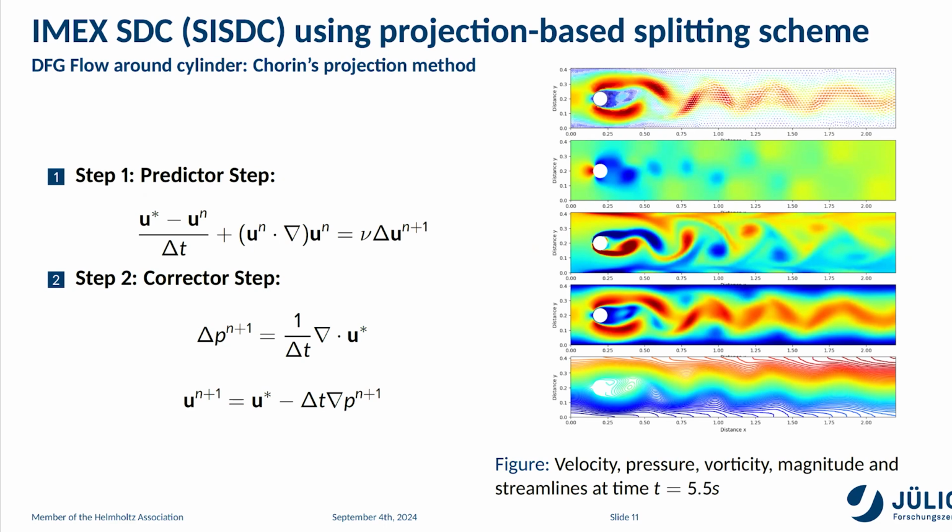We solve for an intermediate velocity, then we do the projection to get the pressure, and at the end we do a correction to correct the velocity again. Here I used SDC to solve the first equation only, but even so, these two equations need to be solved at each iteration.